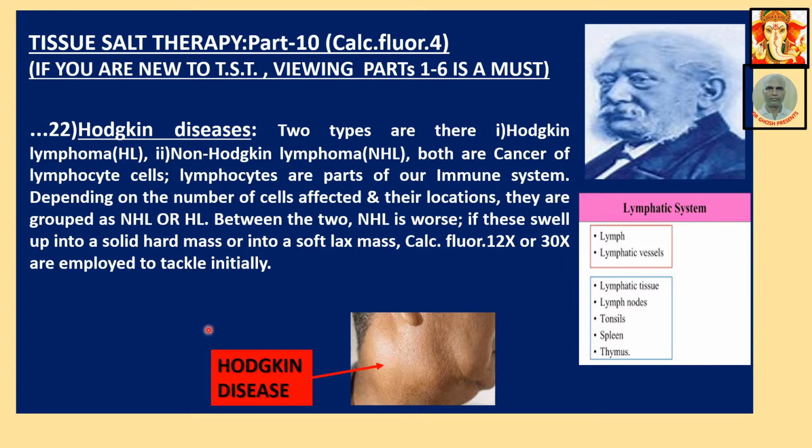Now, this is a picture of Hodgkin lymphoma. How do you know that it is Hodgkin lymphoma? Actually, what doctors do is examine by cutting a lymph gland. It is called a cutting biopsy. From the particular lymph gland, they examine the tissue under a microscope and look for Reed-Sternberg cells, special cells that are found in Hodgkin lymphoma. This is the confirmation.